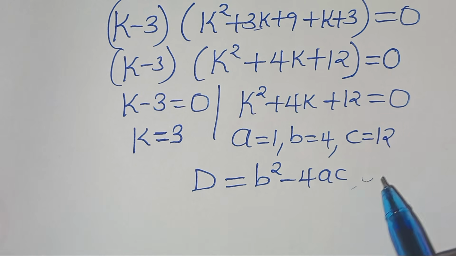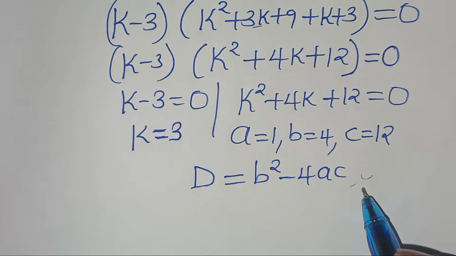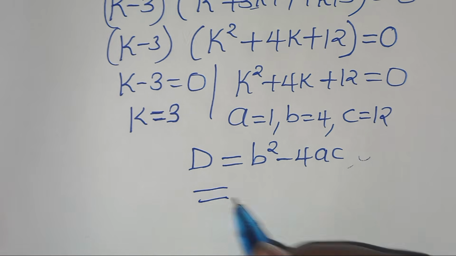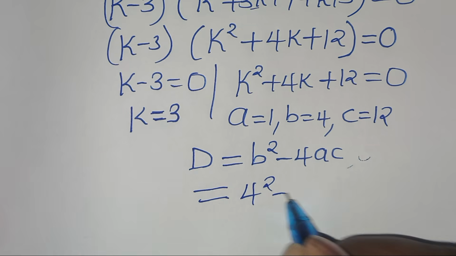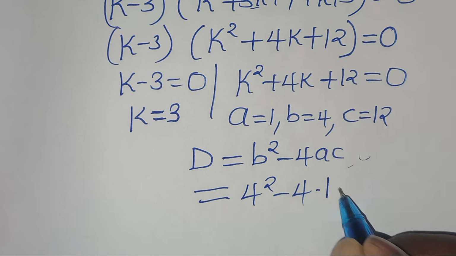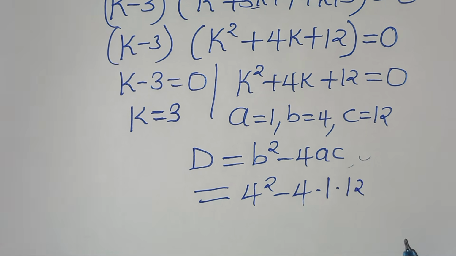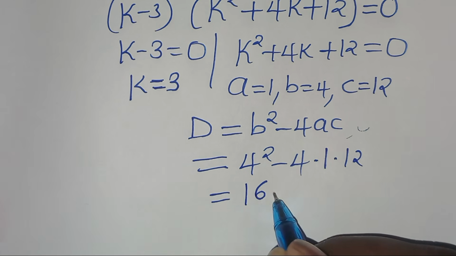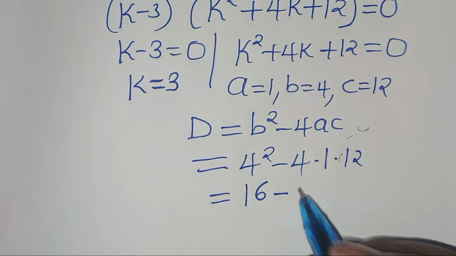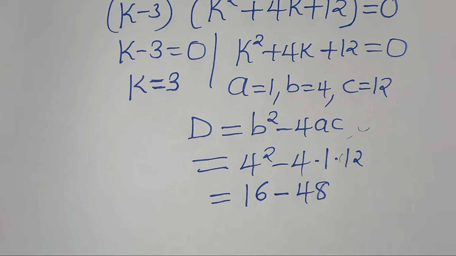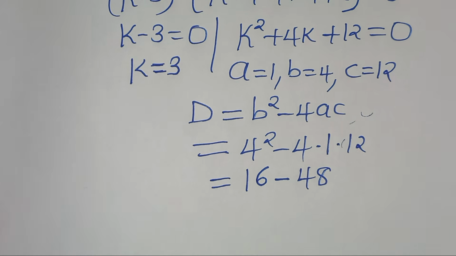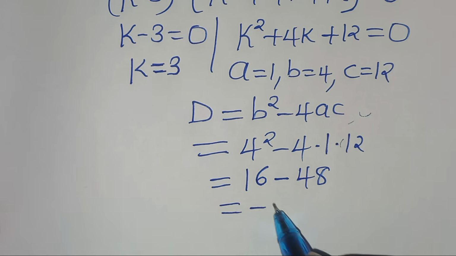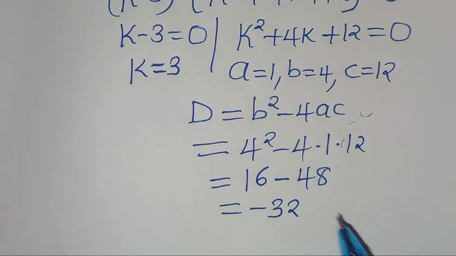If it is greater than 0, the roots are real roots. So this is equal to 4 squared minus 4 times A, which is 1, times C, which is 12. So this is equal to 4 squared, which is 16, minus 4 times 12, this is 48. So we have 16 minus 48, and this is equal to negative 32.